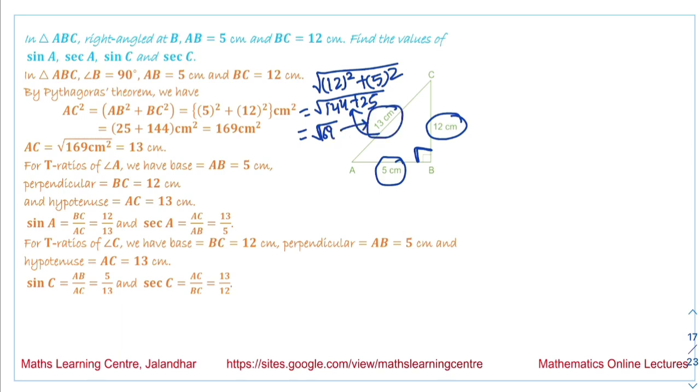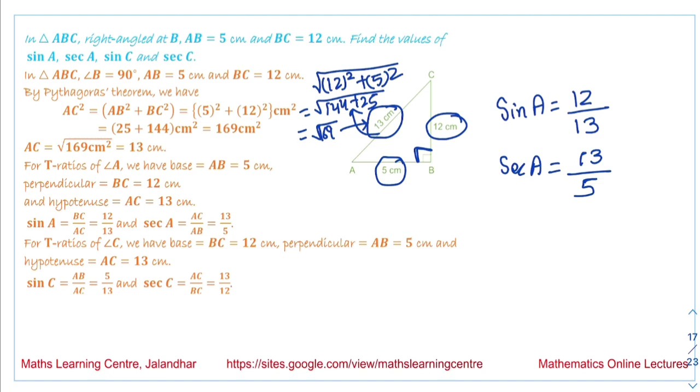So the length of AC is 13 centimeter. We have to find the value of sin A. So sin A, we know, is perpendicular over hypotenuse. We have to calculate the value of secant A. Secant A, we know, is hypotenuse over base.